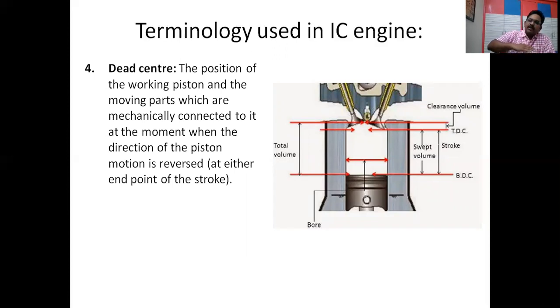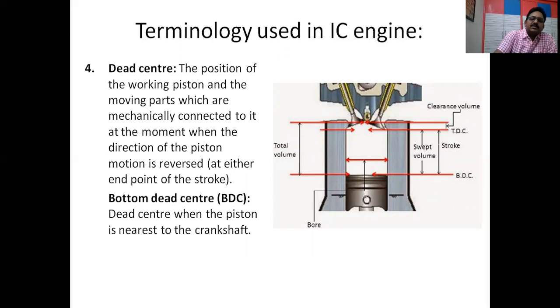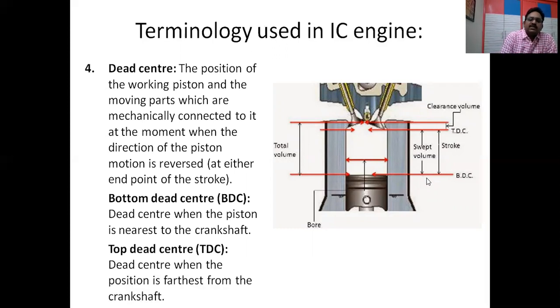And after coming down, when it starts to reverse and go back, that position is called one more dead center. So you have two dead centers: one is the bottom dead center, the other is the top dead center. Bottom dead center means the position nearer to the crankshaft, and the topmost, farthest point from the crankshaft is called top dead center.